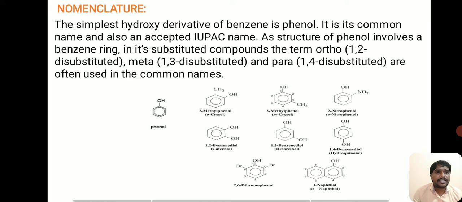In the next example, we have 2,6-dibromophenol. Here, the second and sixth positions are occupied by two bromo groups with respect to OH. And in the next case, it is a naphthol, where the OH group is present on the first position. It is also called alpha-naphthol.